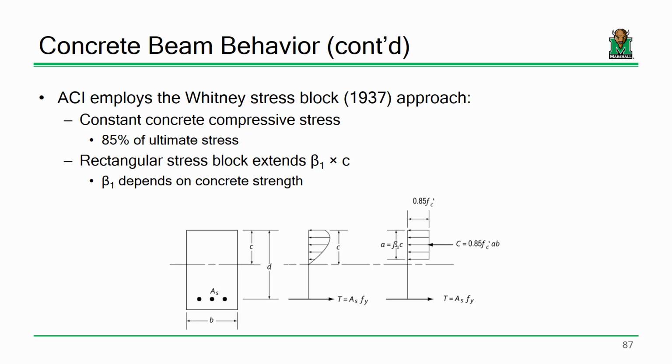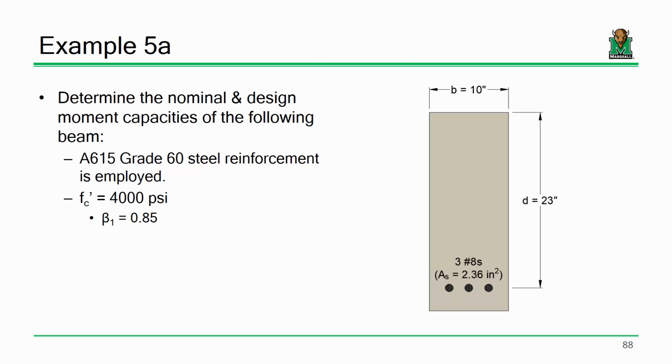Now there were a couple things about that we played fast and loose. For instance, there is a difference between where the neutral axis of the beam lies, which is that distance C, and how deep the stress block is, the difference between A and C. We really didn't talk about that because we didn't need to for the purposes of assessing just Mn, its nominal moment capacity.